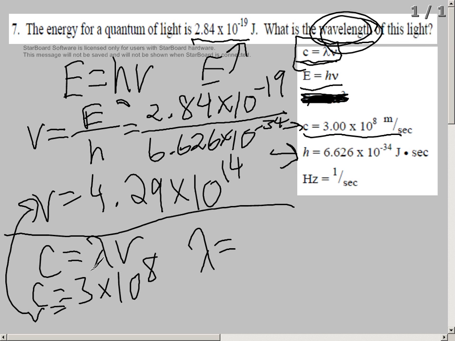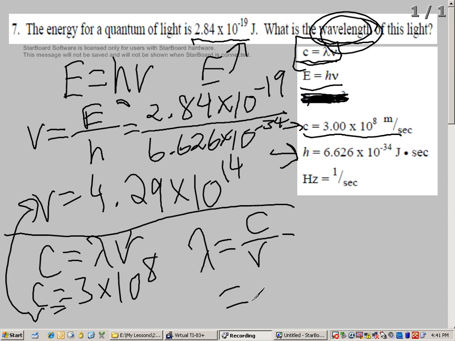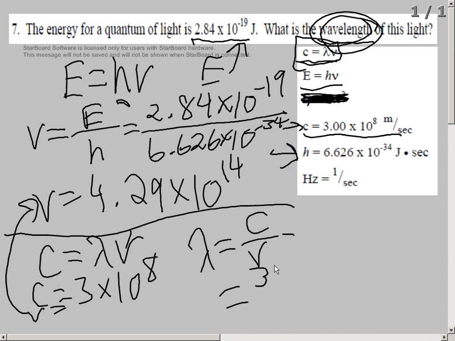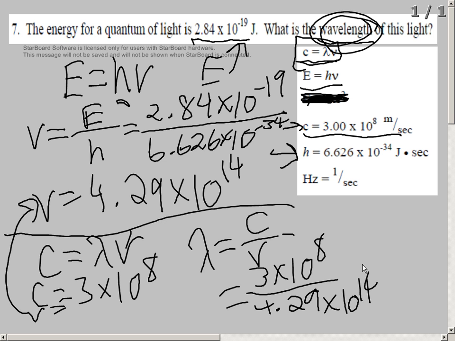All I do is divide both sides by frequency so as to cancel it over here and put it over here, so it would be C over frequency, which would be equal to 3 times 10 to the 8th divided by the frequency, 4.29 times 10 to the 14. Let's go and put that into my calculator.